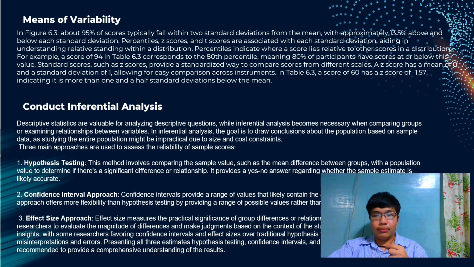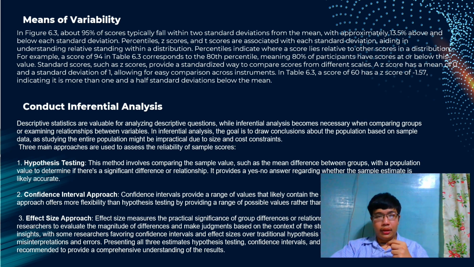In figure 6.3, the table earlier, about 95% of scores typically fall within two standard deviations from the mean, with approximately 13.5% above and below each standard deviation. Percentiles, z-scores, and t-scores are associated with each standard deviation, aiding in understanding relative standing within a distribution.